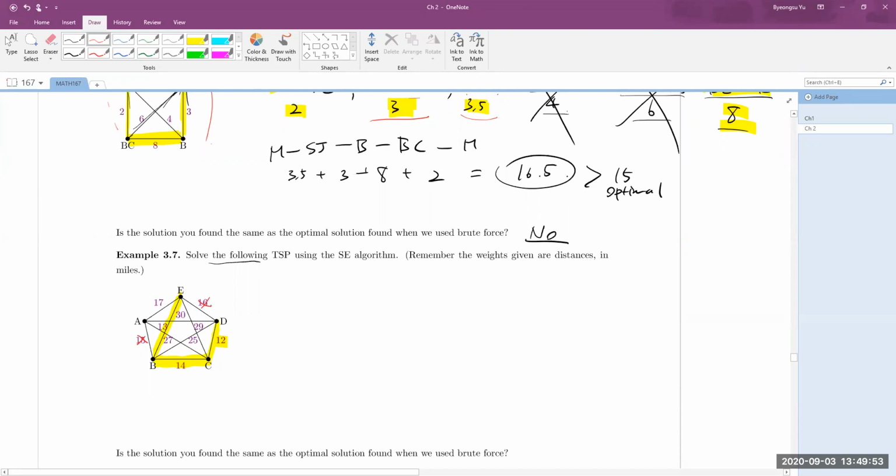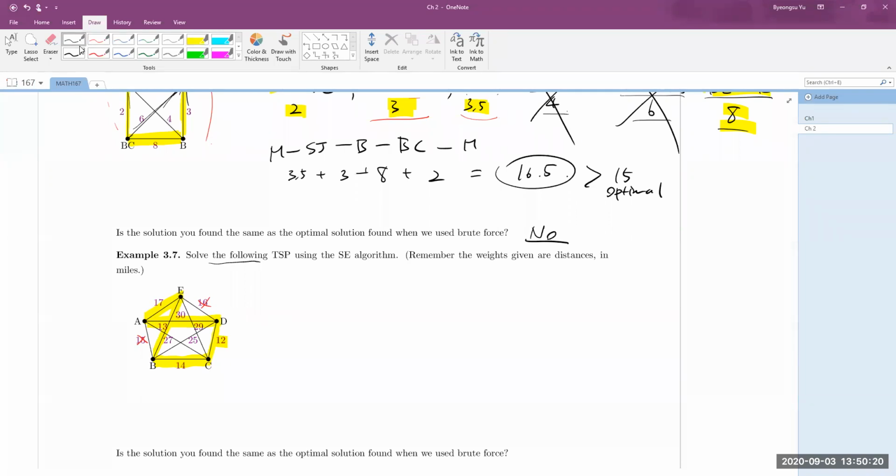Then the next smallest edge is 17, which is AE, and it does not cause any circuit or a vertex to have 3 edges, so you can choose it. Then the only possible way to make a circuit is choosing AD, because all other choices cause problems.